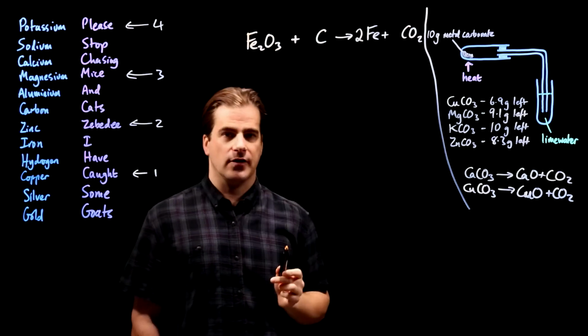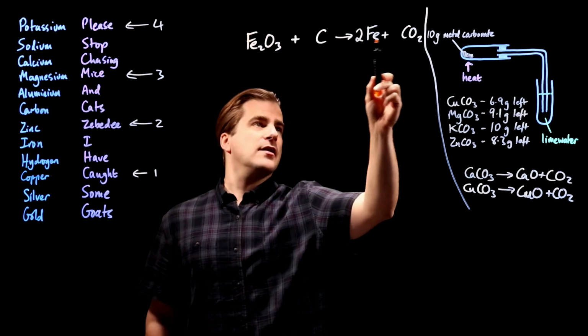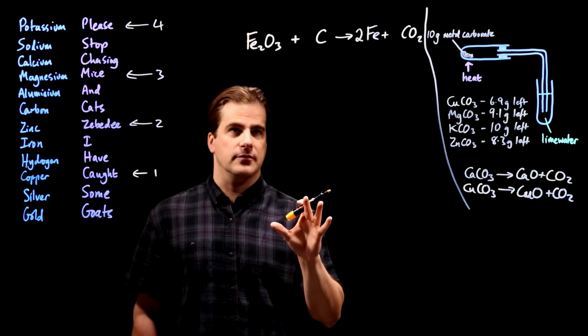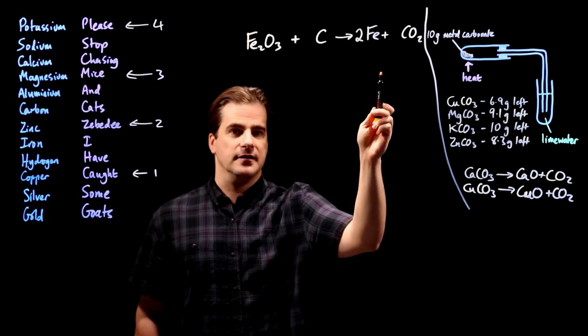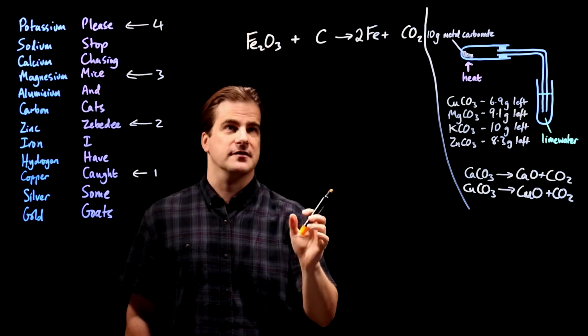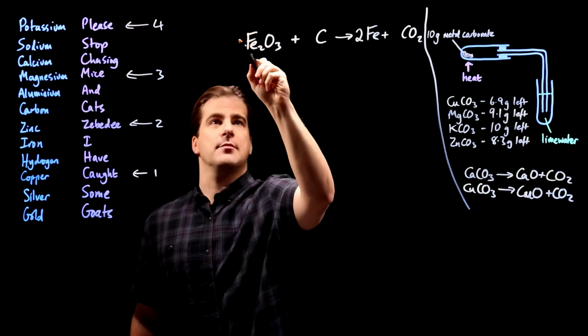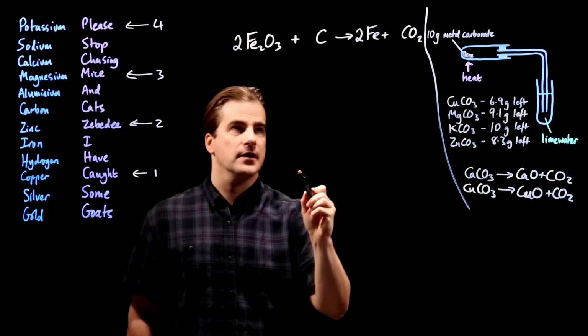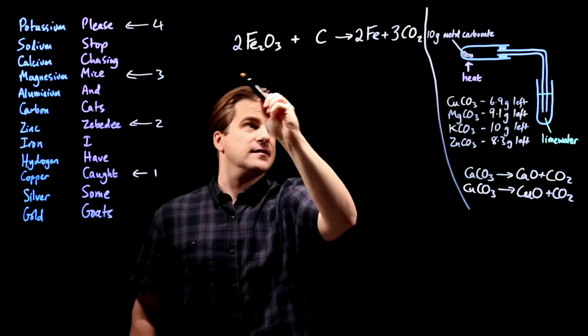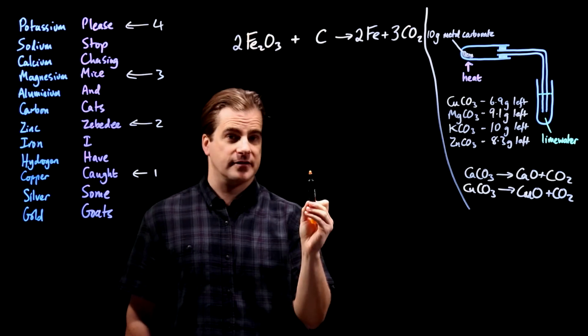There are 3 oxygens on the left and there's 2 on the right. Okay, we can't just add a single number in this case because 2 doesn't go into 3, so we have to add 2 numbers. Let's multiply the 3 by 2 and the 2 by 3, because now we've got 6 oxygens on both sides. Okay, that's the trick, and the thing you have to do in that case.